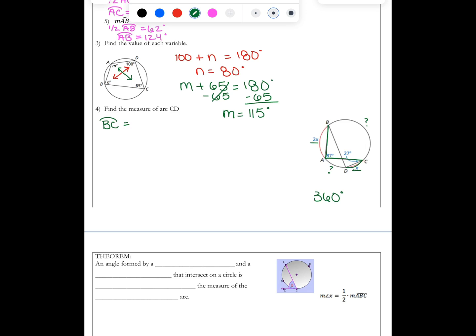And so that means that arc BC must be 2 times 87 degrees, which gives us that arc BC is 174 degrees. Okay, and the other unknown that we needed to find was AD, this one here. We know that this one now is 174 degrees.